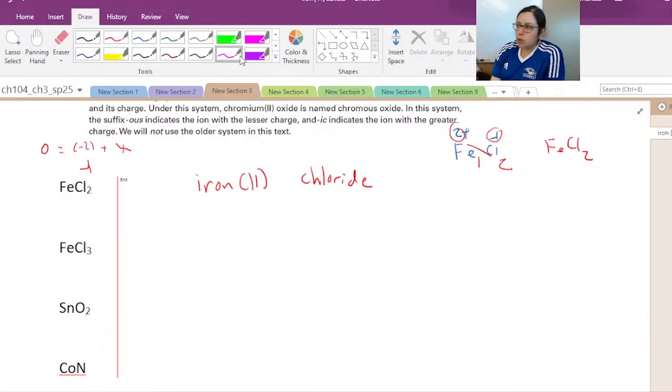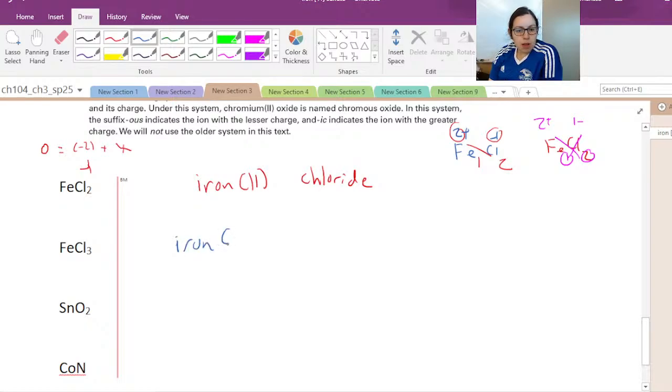But we can also go reverse swap trick. Again, we back out the coefficients and we get our 2+ and -1 back out again. That helps us check and double check ourselves. So what do we get for FeCl3?